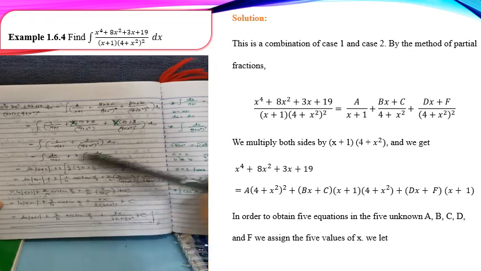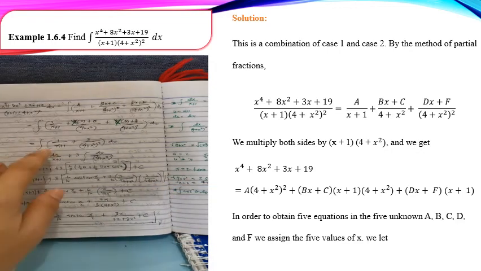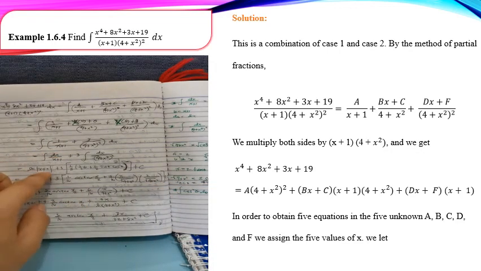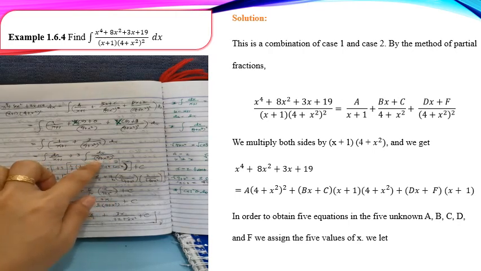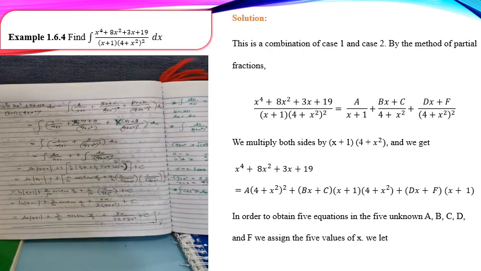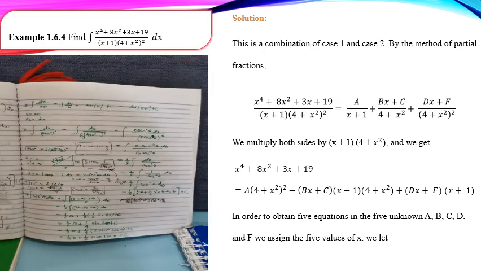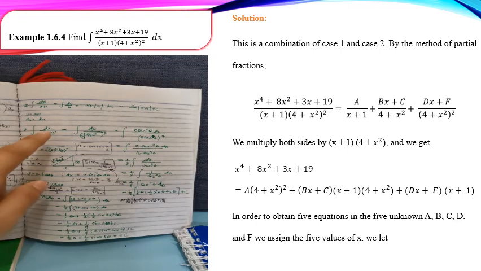So, ito na yung i-integrate natin. Ang integral nito is the ln of x plus 1. Then, integral naman nito is gagamitan ng trigonometric substitution katulad ng previous example natin. Ito yung solution niya. Parehas lang talaga doon sa previous example natin, kaso ang denominator natin is 4 plus x squared.